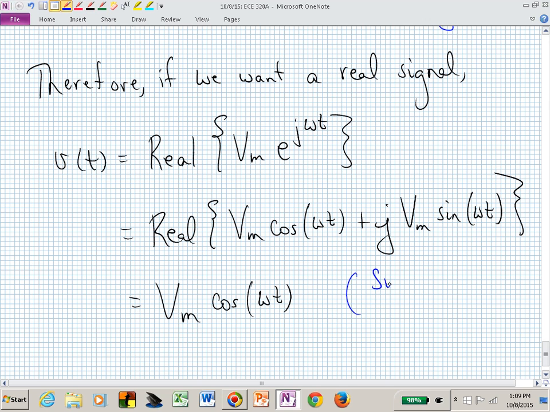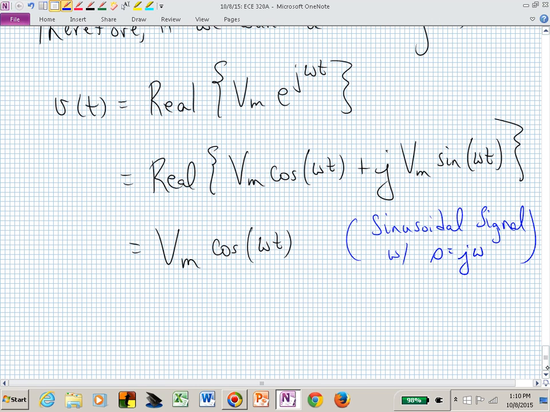This is now a sinusoid, or a sinusoidal signal, with, let me say, S equal to j omega.